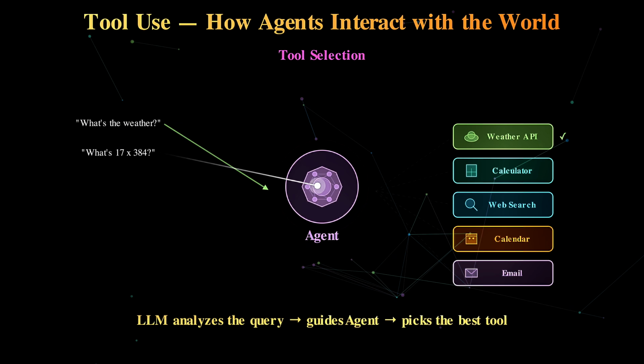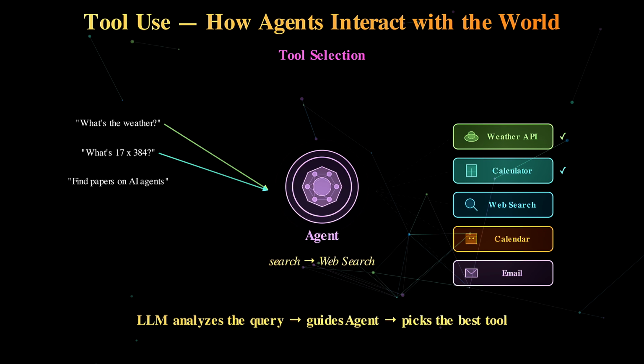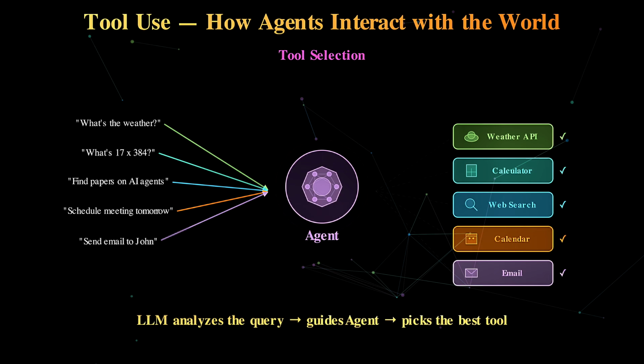For what's 17 times 384? It picks the calculator. For find recent papers on AI agents, it uses web search. Sometimes the answer doesn't require any tools at all. What's the capital of France is something the LLM already knows. A good agent recognizes when to use tools and when to just respond directly.